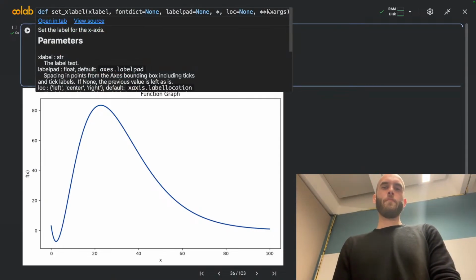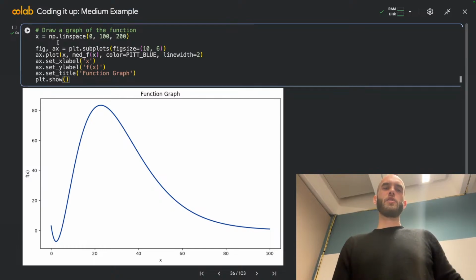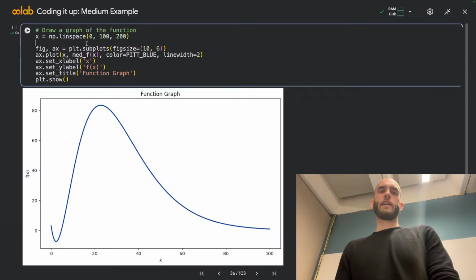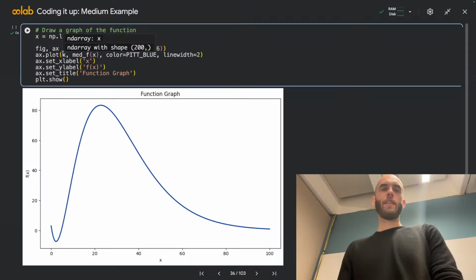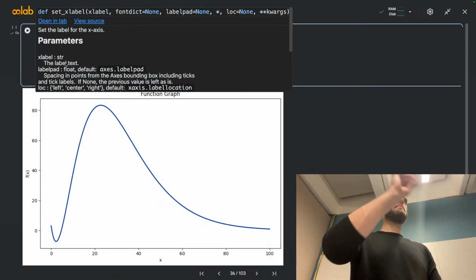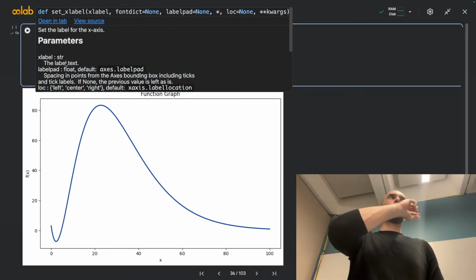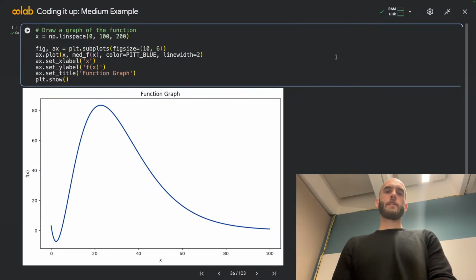necessarily. But actually what the computer is doing is taking a bunch of values. So linspace is giving us 200 points between 0 and 100. And then all we're doing is evaluating medium f at each one of those 200 points, and then we're plotting each one of those points.